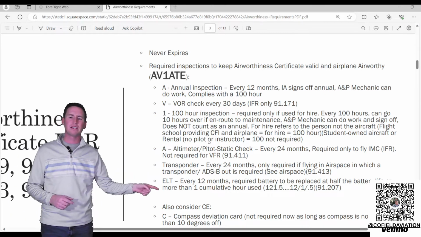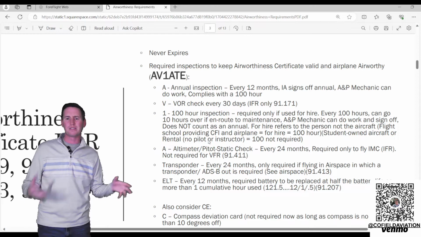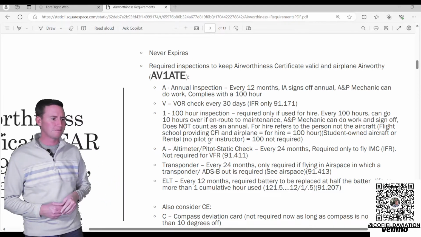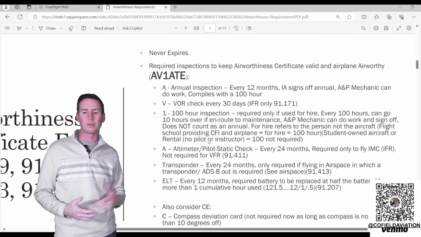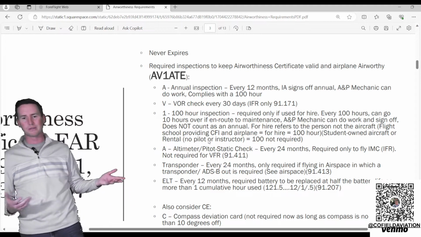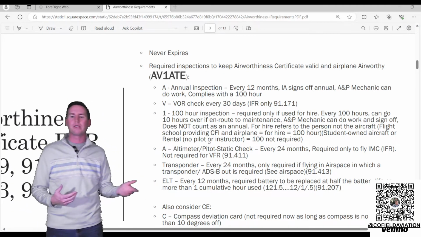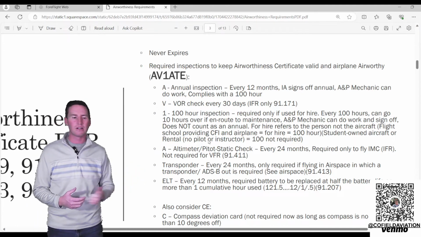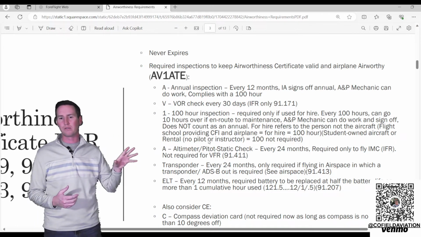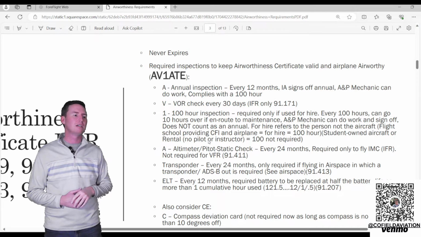One little caveat with the ELT, this kind of falls into survival equipment, emergency equipment, which an ELT is. Most small general aviation airplanes have the old ELT that literally all it does is send a signal over 121.5.